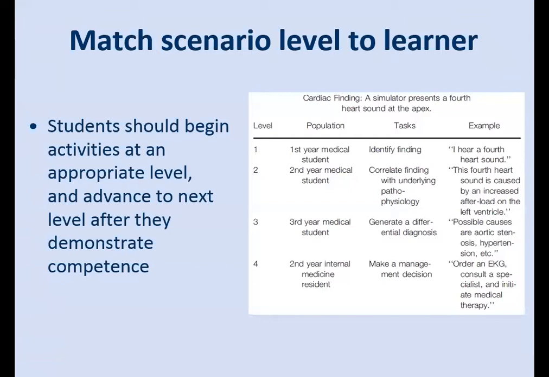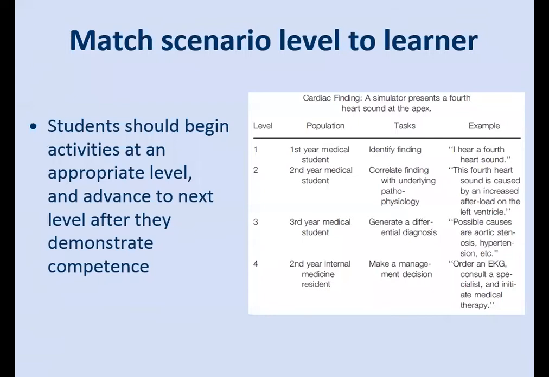Can they hear a third heart sound or a second heart sound? At level 2, the second-year medical student, are they able to correlate the finding with the pathophysiology or the physiology? This fourth heart sound in this case is caused by an increased afterload of the left ventricle.